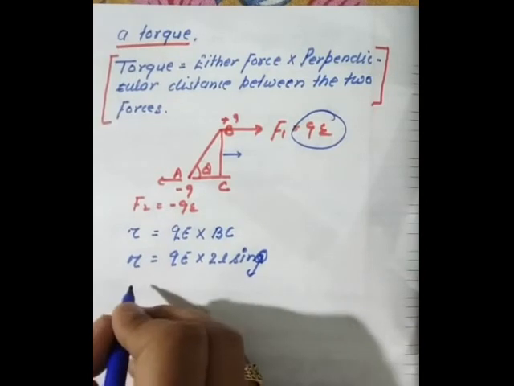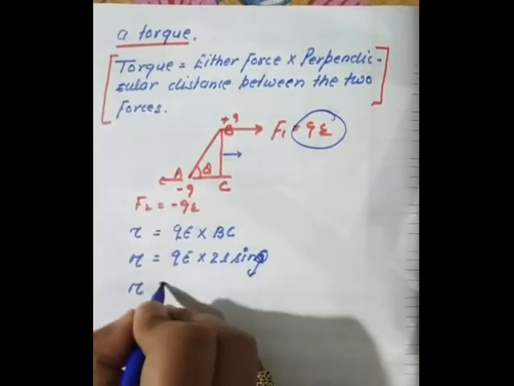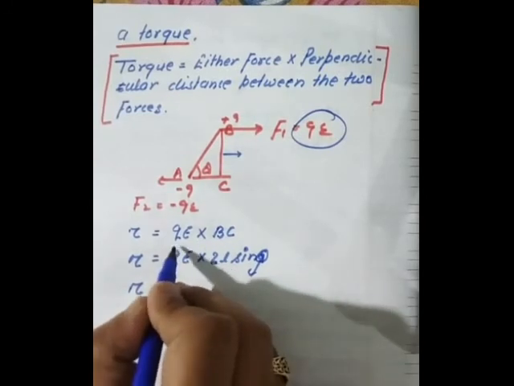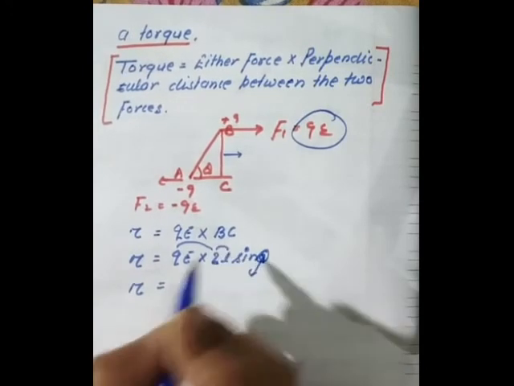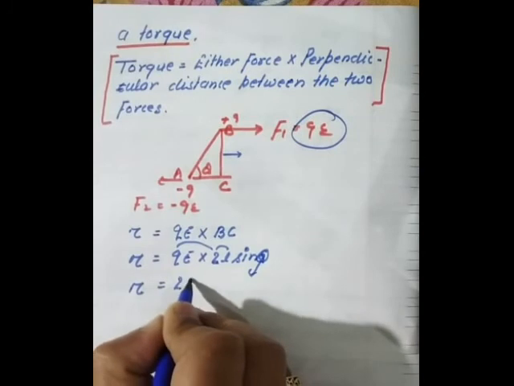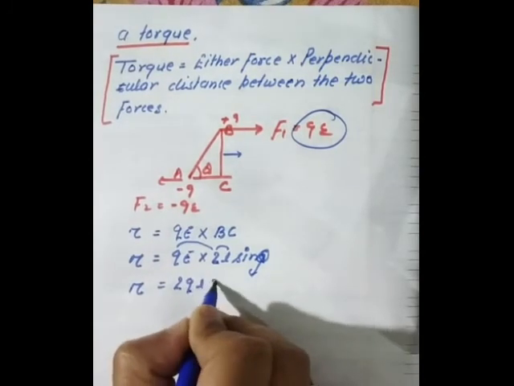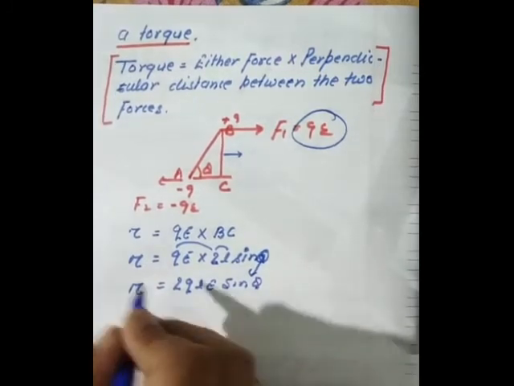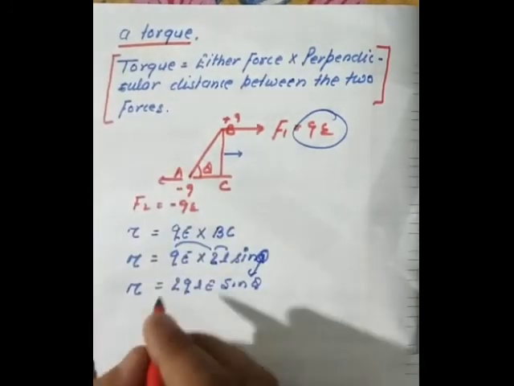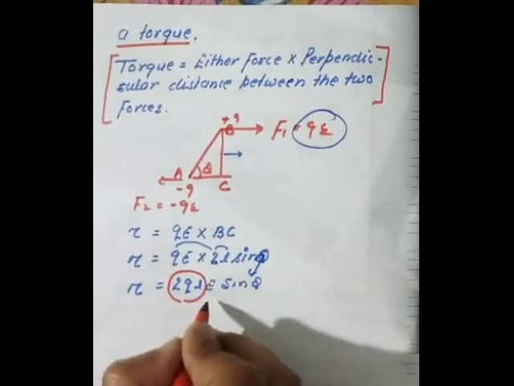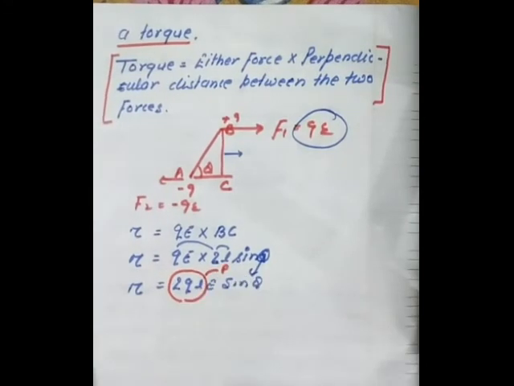So torque equals 2QLE sin theta. This 2QL equals P, the dipole moment.